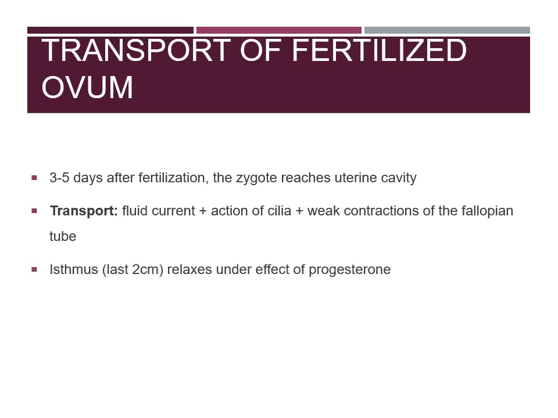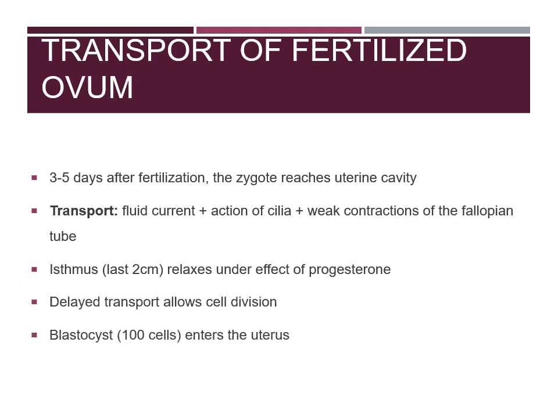In the isthmus, there will be relaxation under the progesterone that will aid the entrance of the zygote into the uterus. But there will be a time of delay of the transport, which will allow cell division to take place sufficiently before entering the uterus. At this stage, a blastocyst that contains about 100 cells will enter the uterus.